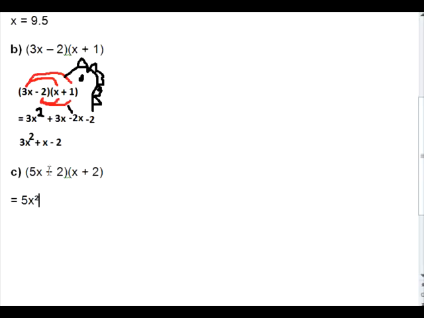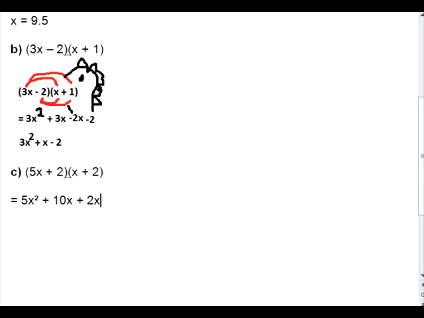Aiden, can you do 5x times 2 for me, please? So that's this 5x times this 2. Okay, good. So it's going to be plus 10x. Great. Who's next? Thomas, can you do this 2 times this x? And that turns into?